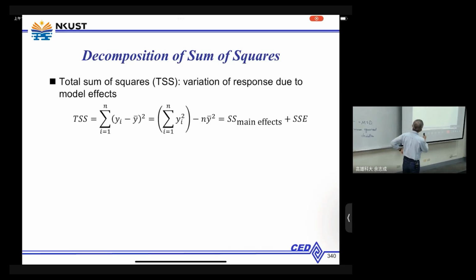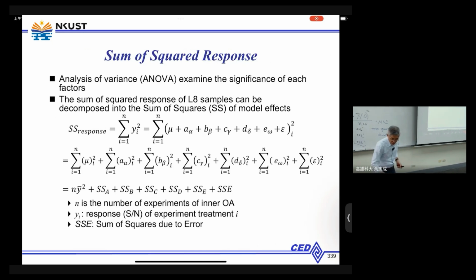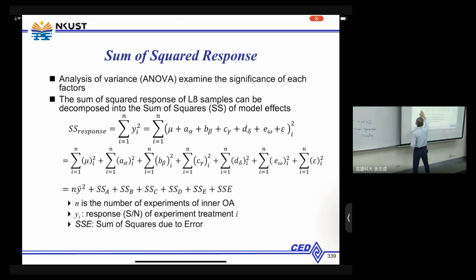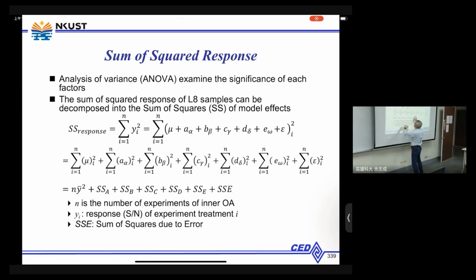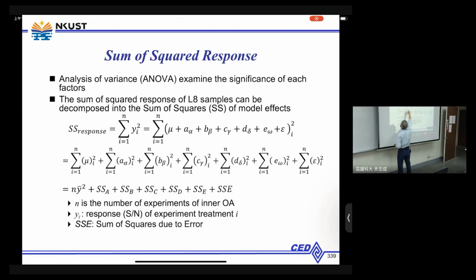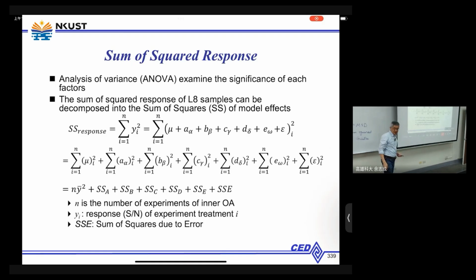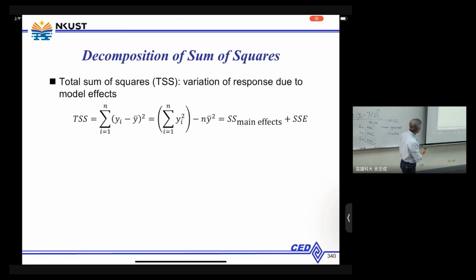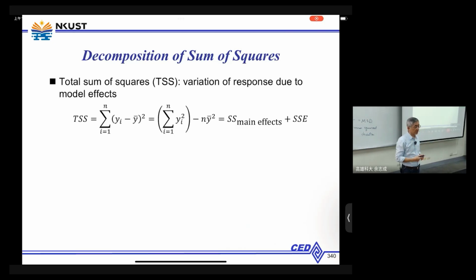So we can give some names to these. The first one, we call it the total sum of squares. What is the total sum of squares? We move the average to the left, and the difference between these two is called the total sum of squares, right? It is the difference from the average squared, just like what we calculated for your helicopter example.